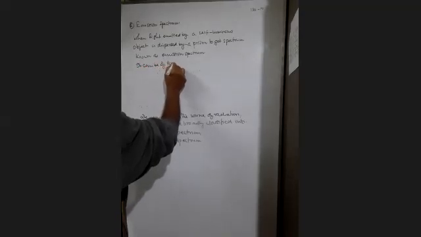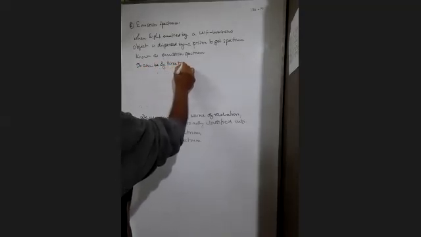It can be of three types. Okay, let me write here capital A, and here I'll write small.